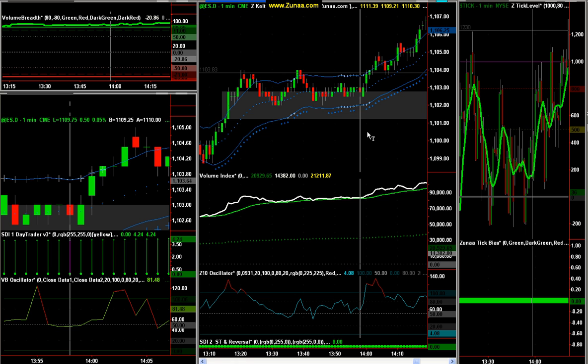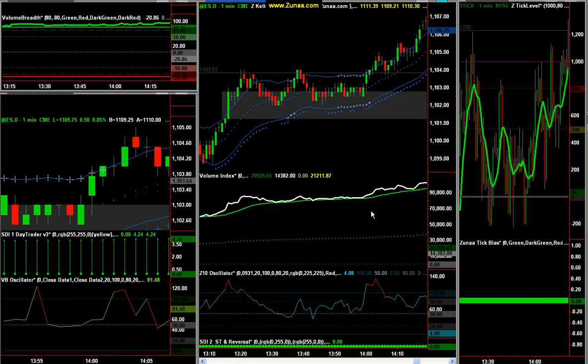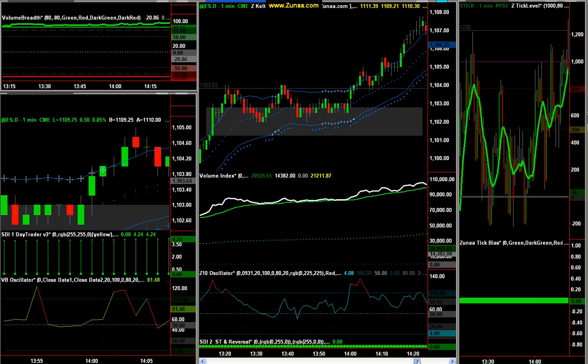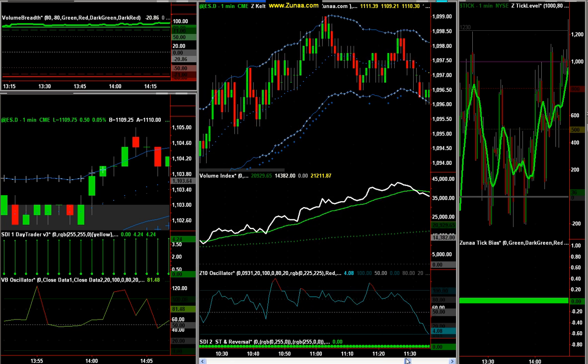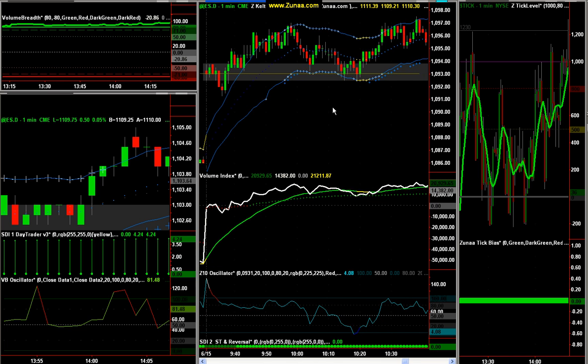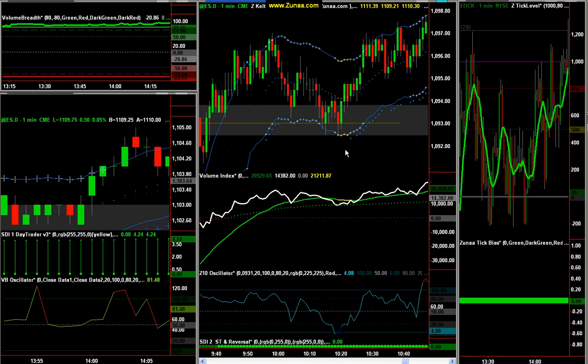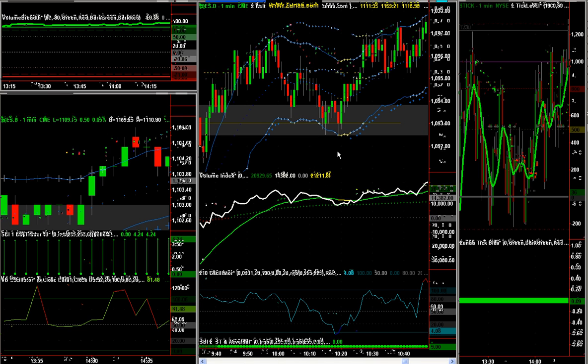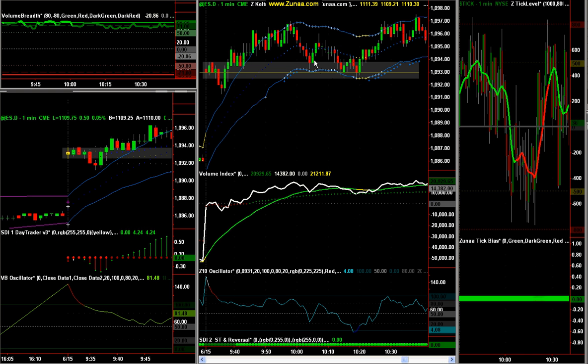I won't explain the signals here because I'd have to talk about stuff that's in the oscillator report. But anyway, these were the reasons. It was basically just waiting for support and resistance zones and levels to get tested and looking for trade signals going with the trend.